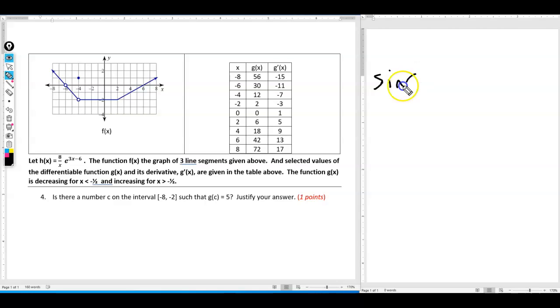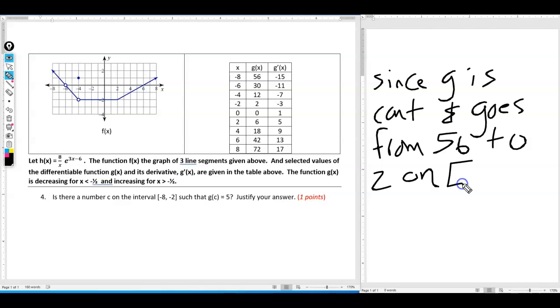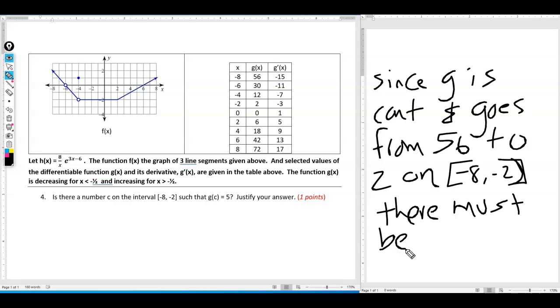Ready? Since g is continuous and goes from 56 to 2 on the interval -8 to 2, there must be a c on that interval.